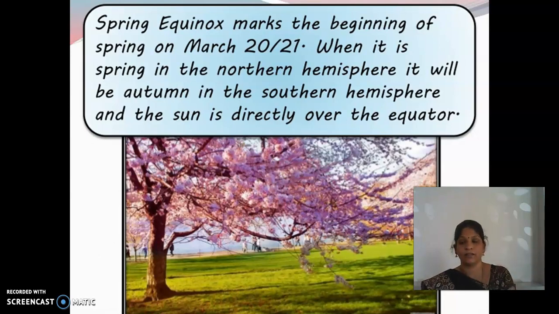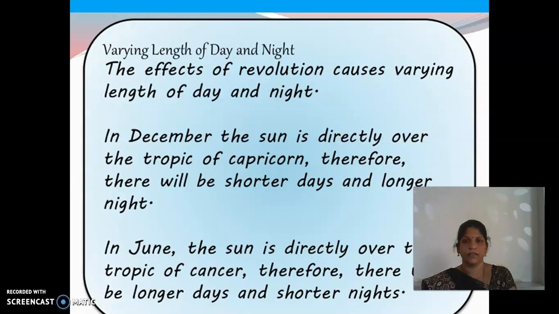Okay, yes, listen. Varying length of day and night. The effect of revolution causes varying length of day and night. Longest day, shortest day, longest night, shortest night, like that. In December, the sun is directly over the Tropic of Capricorn.